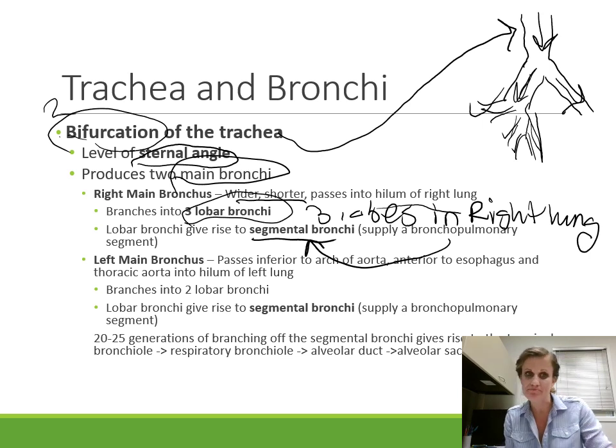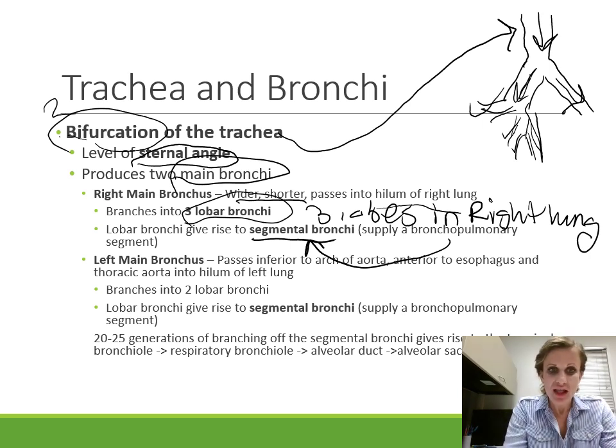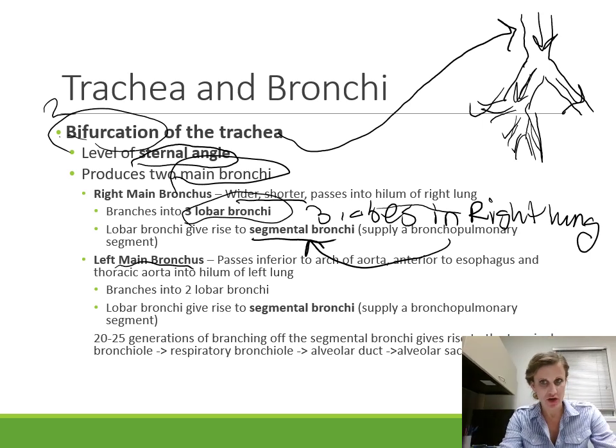The left main bronchus is longer and thinner. It's longer because it kind of has to pass through and around stuff before it gets over to the left lung, just because of its positioning in the chest. So we see that it passes below the aortic arch, right below the arch of the aorta.